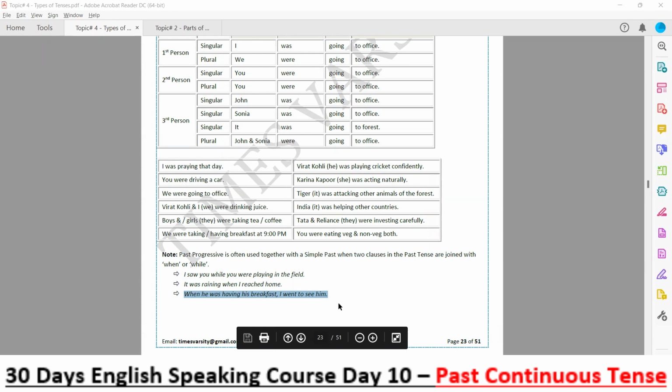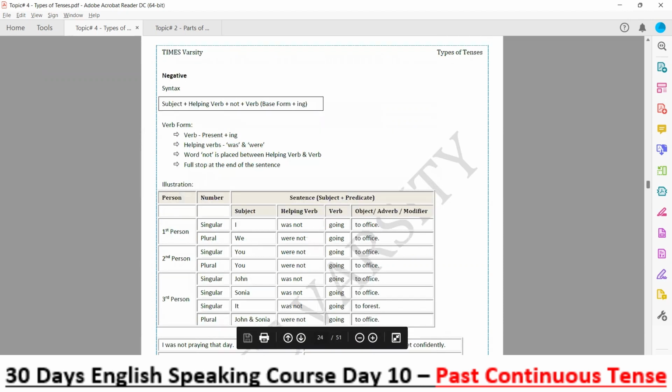Yes, please translate. जब वो ब्रेकफास्ट कर रहा था तो मैं उसे मिलने गया. Went to see him. See him means मिलने गया. जब वो ब्रेकफास्ट कर रहा था मैं उसे मिलने गया. Right? इस तरह.